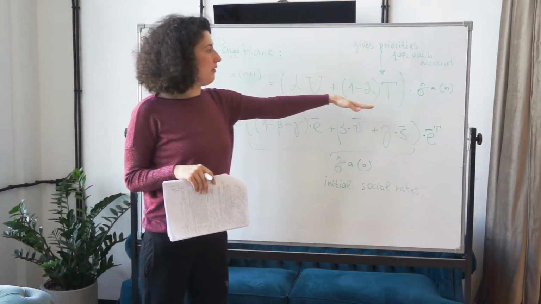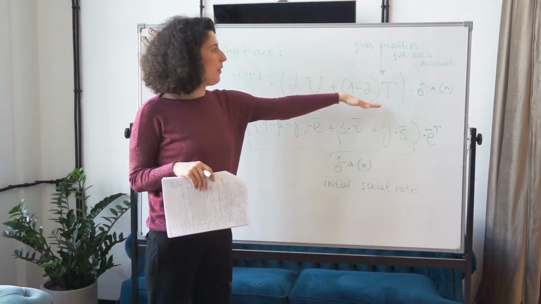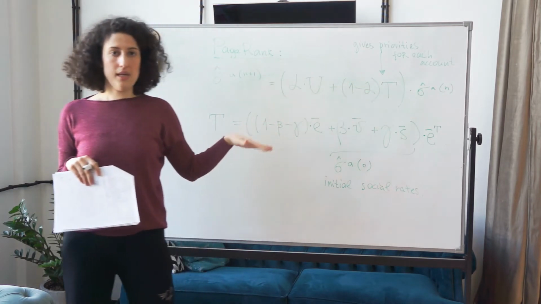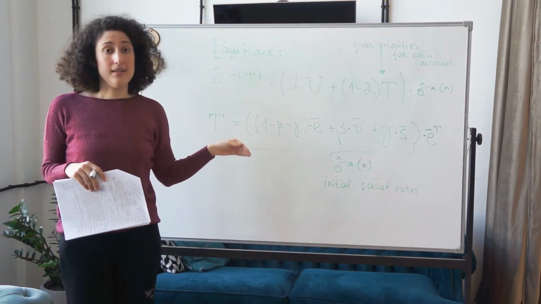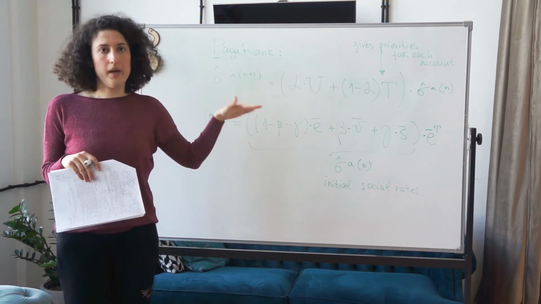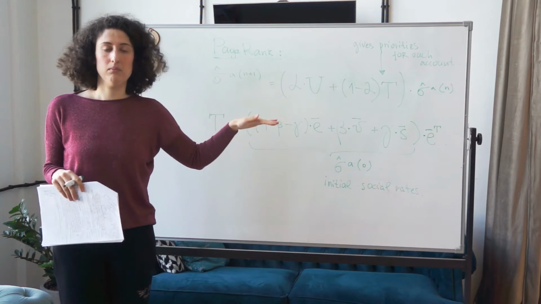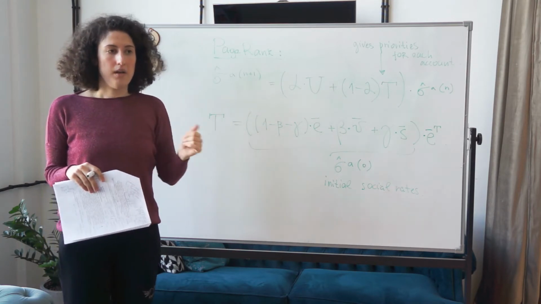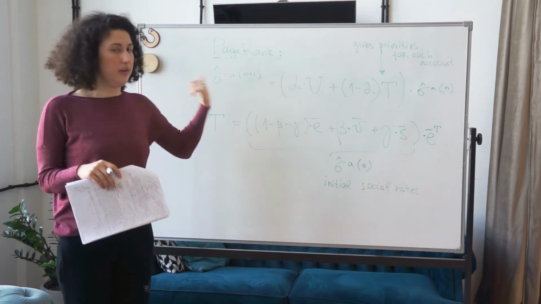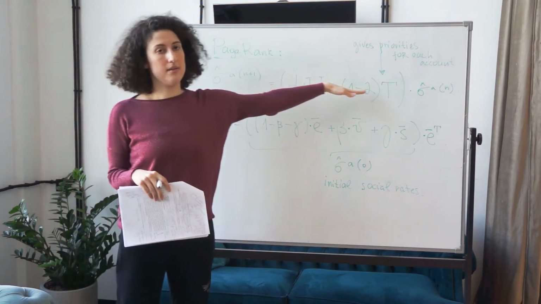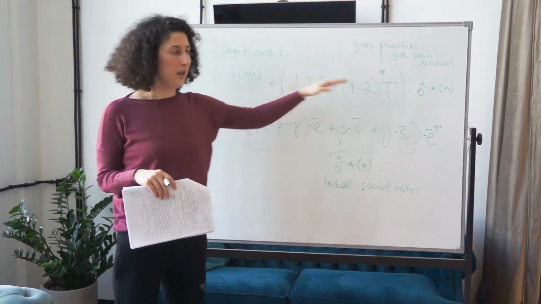In the PageRank algorithm, matrix T always denotes the priorities that we give to each account. And in classical PageRank, those priorities for each account are distributed equally, right? In our procedure, this is the modification that I'm talking about. These priorities are not equal.